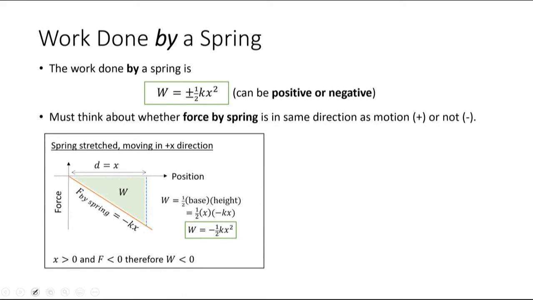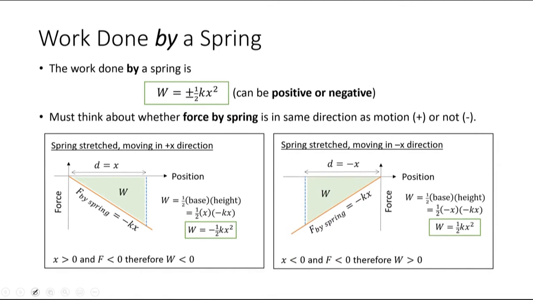So for example, if you have a stretched spring and it's moving in the positive x direction, so it's stretched and it's moving past its equilibrium point, then the force exerted by the spring would be acting in the negative x direction, but its displacement is in the positive x direction. And so you would have 1/2 the base, positive x, times the height, which is negative kx, and so you would end up with minus 1/2 kx squared.